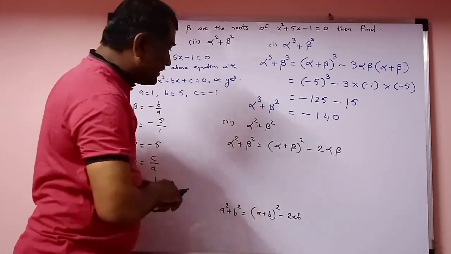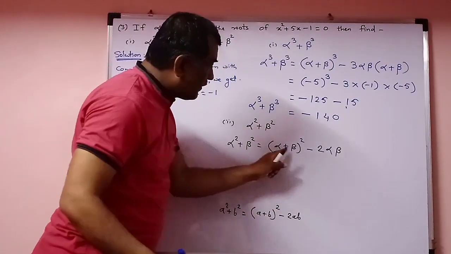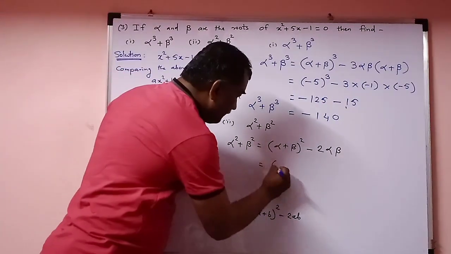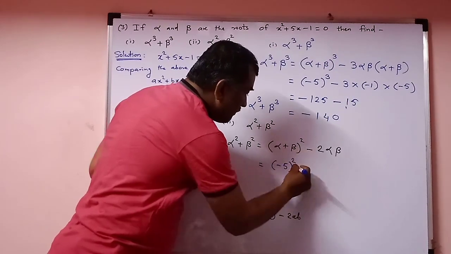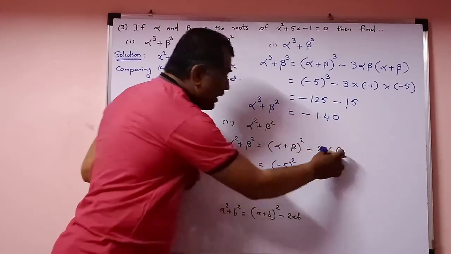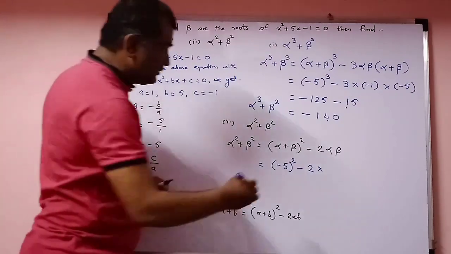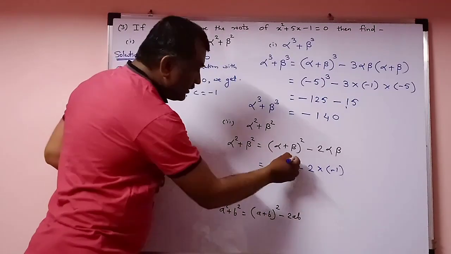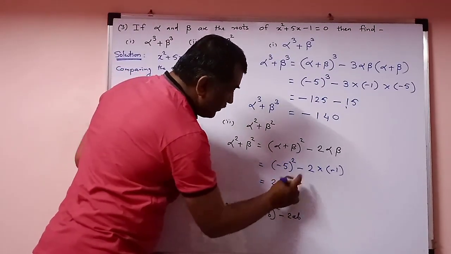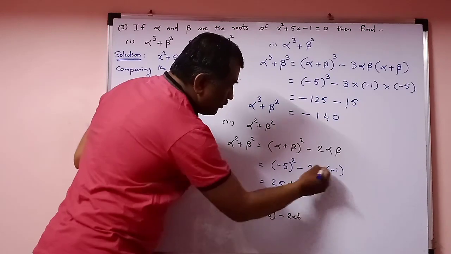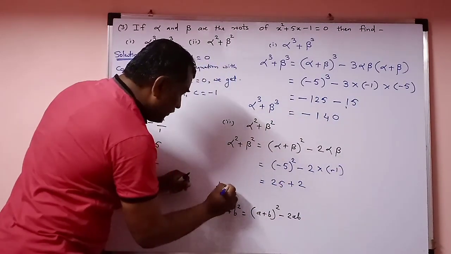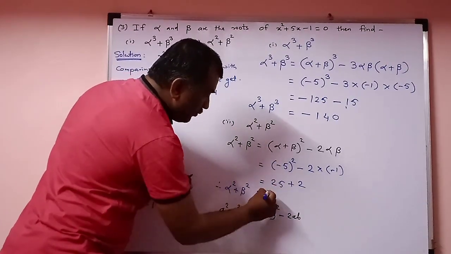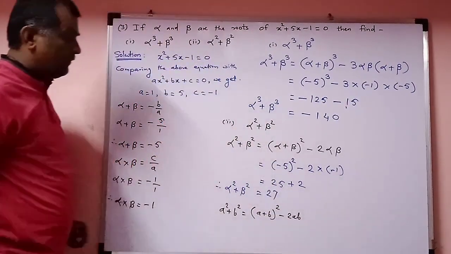Alpha square plus beta square is equal to alpha plus beta brackets square, alpha plus beta value minus 5 brackets square minus 2 into alpha into beta minus 1. The square of a negative number is positive. The square of 5 is equal to 25. Minus into minus plus, 2 ones are 2. Therefore, alpha square plus beta square is equal to 25 and 2, 27.